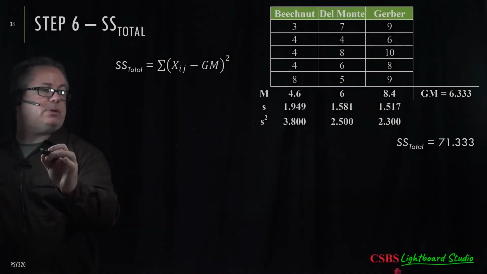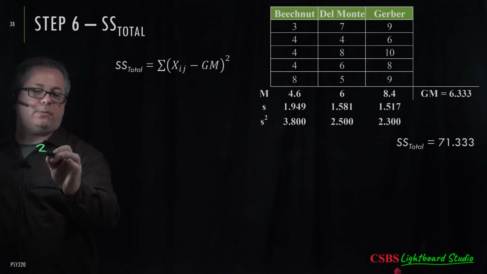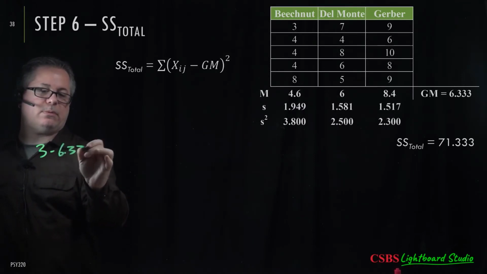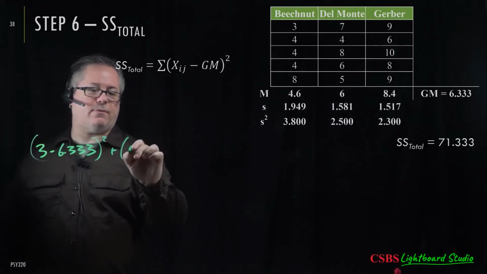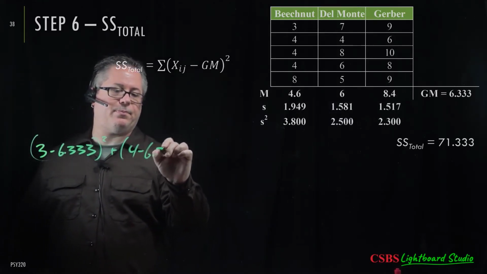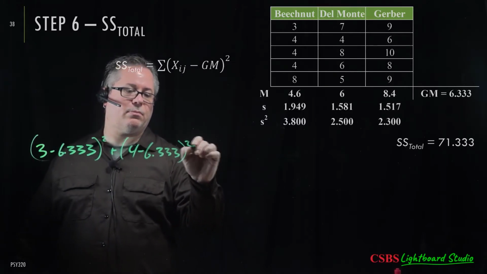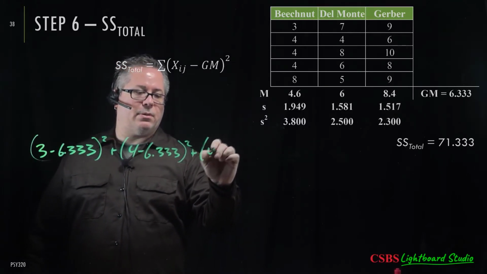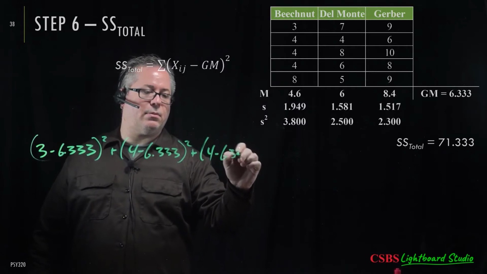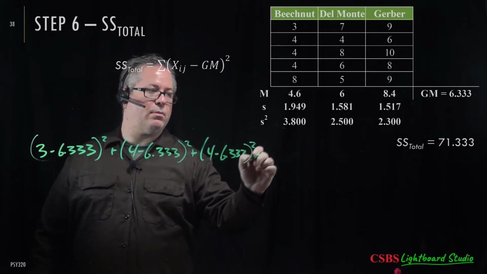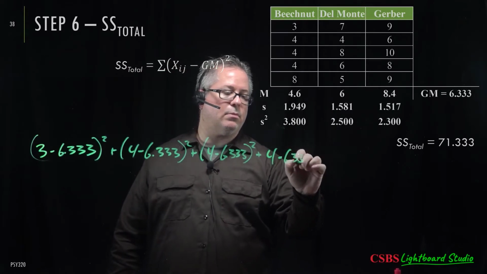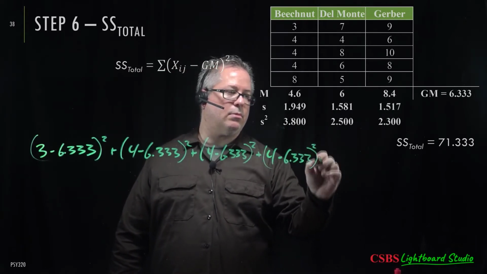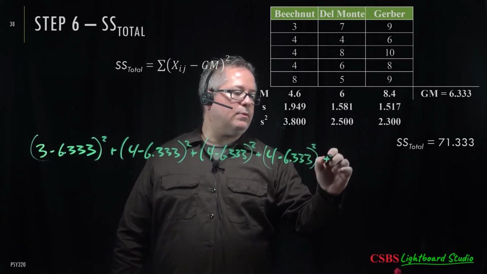So it's going to be 3 minus 6.333 squared plus, I have 4, the last one's 8.